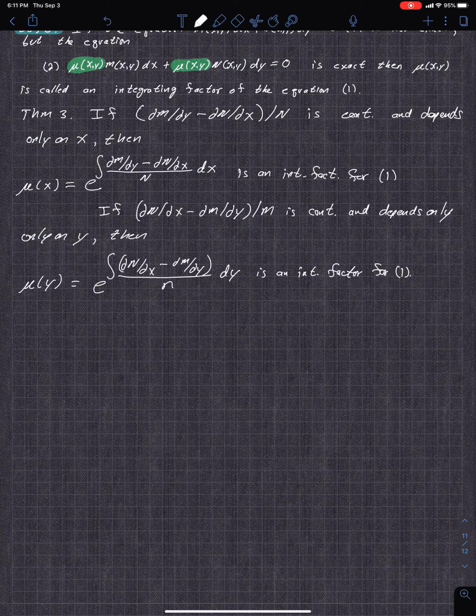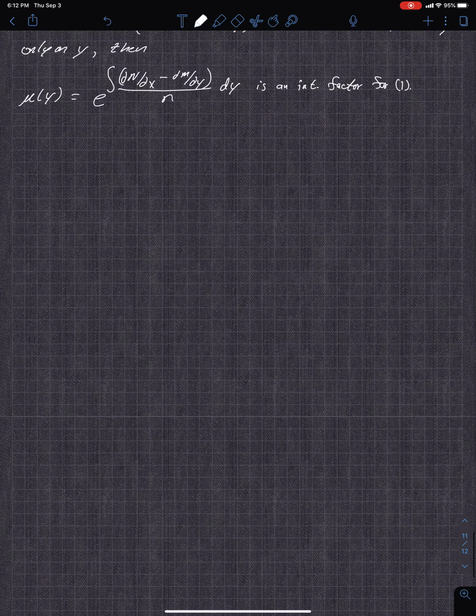So we'll be doing that, but this is really the method we want to look at. So let's take a look at the method for finding mu of x or mu of y.